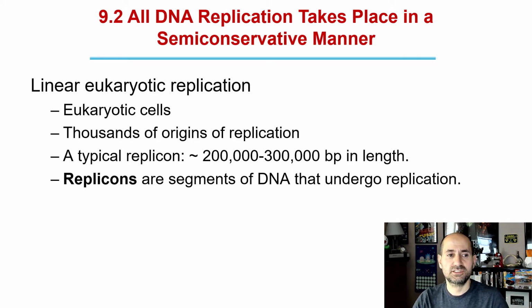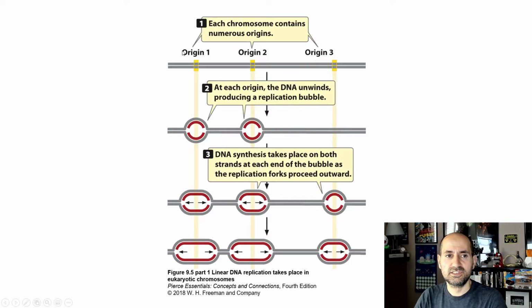And each origin of replication, replicon meaning segment of DNA that undergoes replication, each replicon is about 200,000 to 300,000 base pairs in length. So you can see here, here's a chromosome, or a segment of a chromosome, I should say. Actually, there would be hundreds or thousands of these origins along the entire chromosome. But you have origin 1, 2, and 3 here represented.